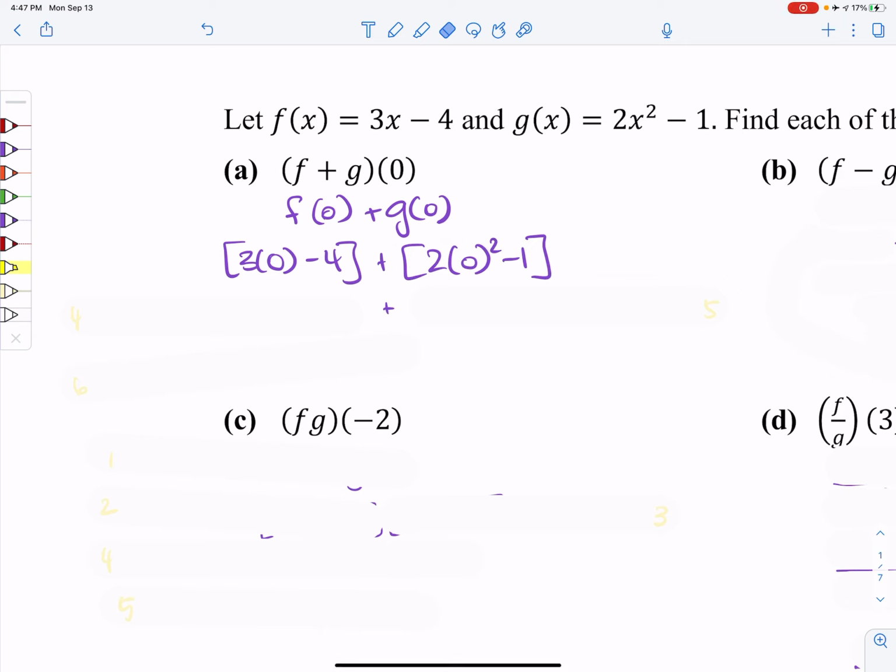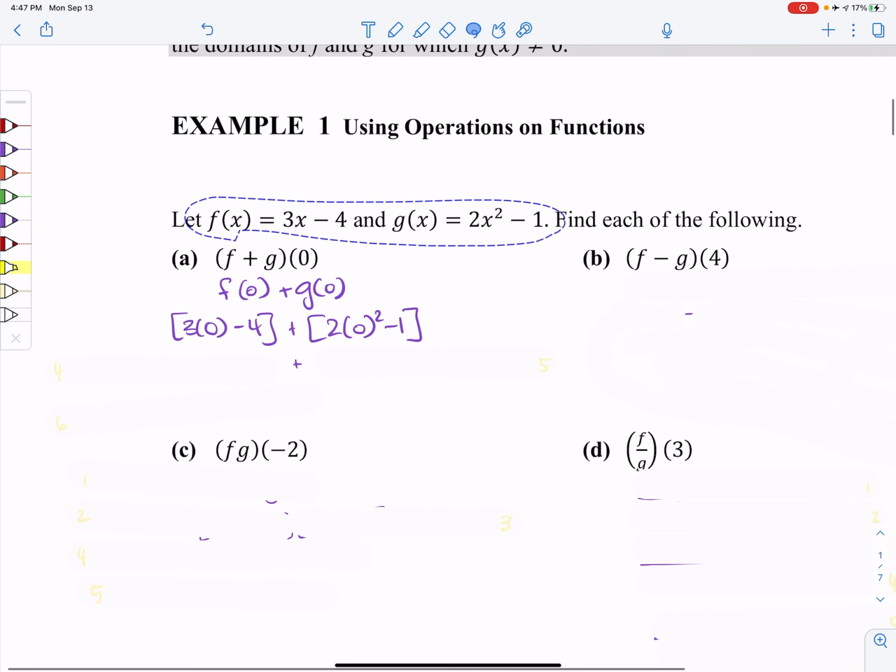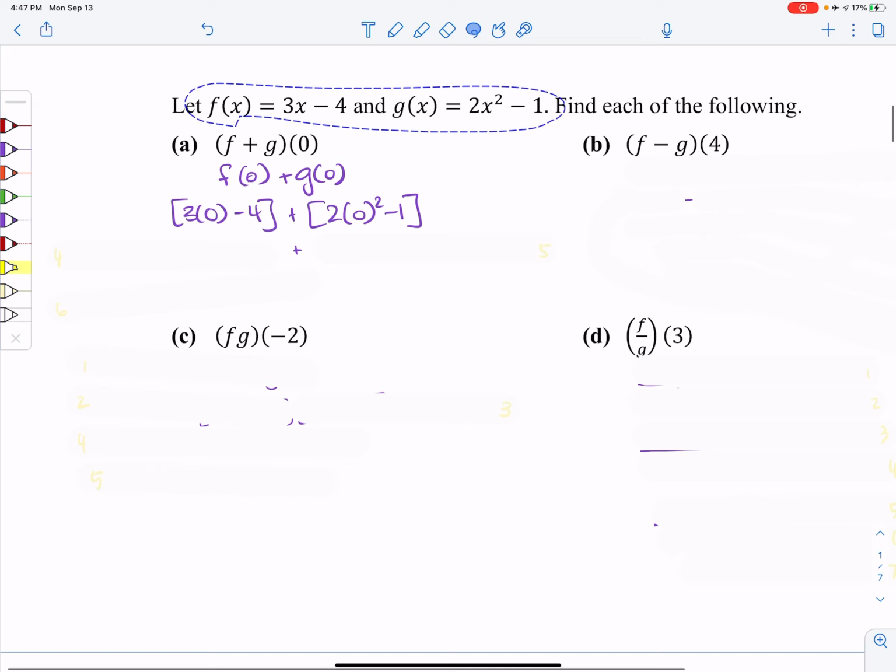And by the way, if you haven't figured this out, the f function and the g function came from this particular line up here. Just a quick note about that. You may have something else here. Just check your notes and make sure that you also have this. And if not, go ahead and edit your notes according to what you're given. I did catch some mistakes on the original set of notes that I had.